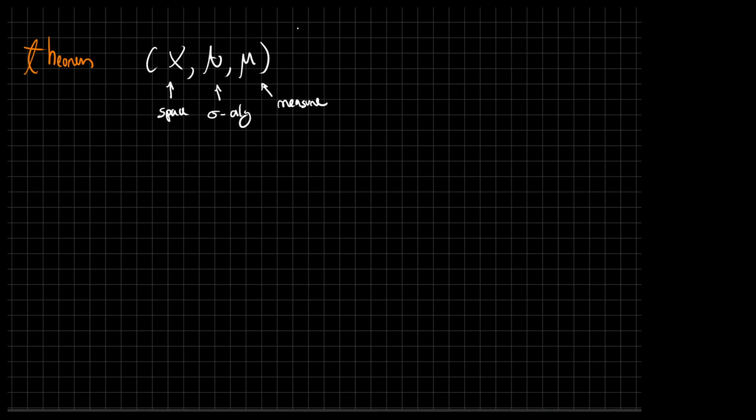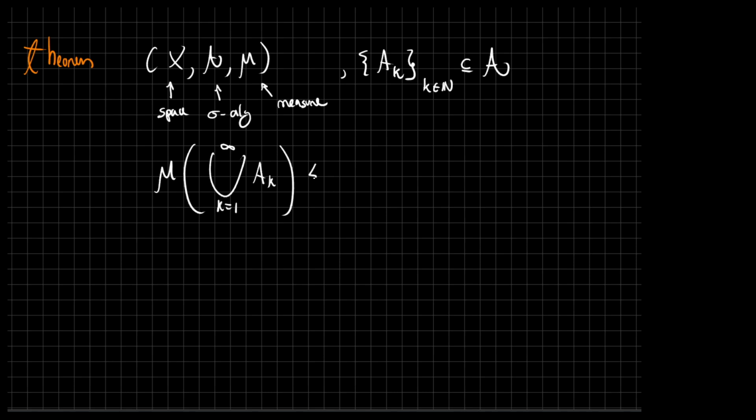So we have a measure space here, and we have also some countable family in the algebra, and we have that the measure of the countable union of this family is less or equal than the value of the series of the measure of each set.